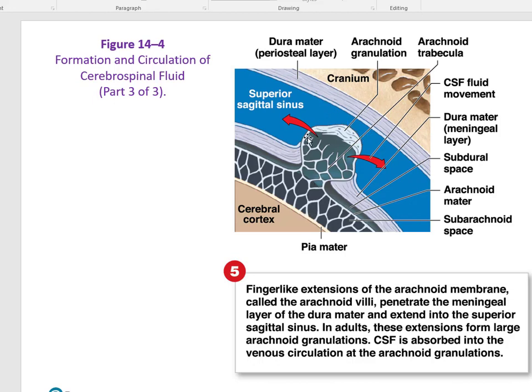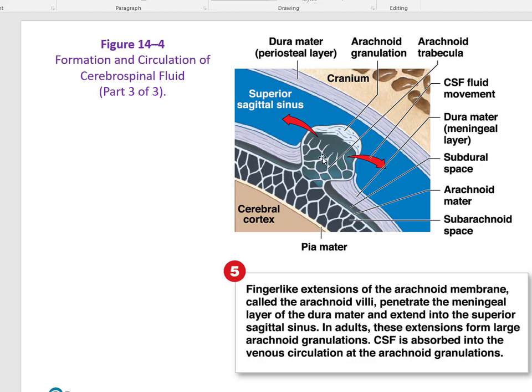This is called the arachnoid granulation, and it's through the arachnoid layer. Our arachnoid layer is our second layer. So here's our dural layer with our periosteal layer, our meningeal layer, and then the second layer is our arachnoid layer. I always remember the arachnoid layer because it has all these little fibrous legs, kind of like a spider, which helps me remember it.